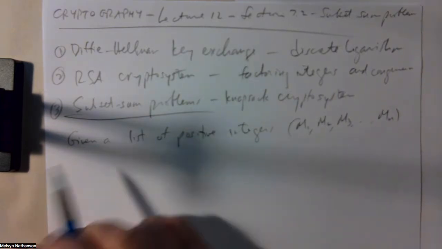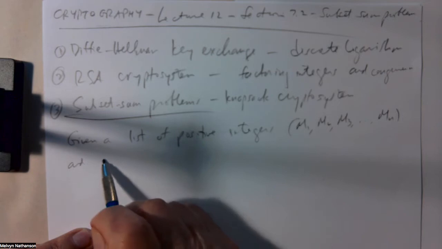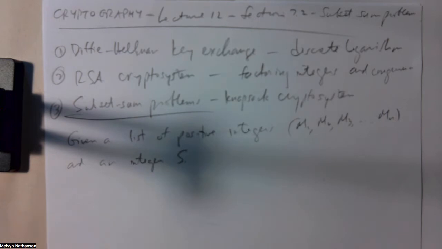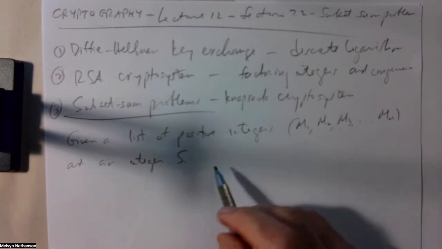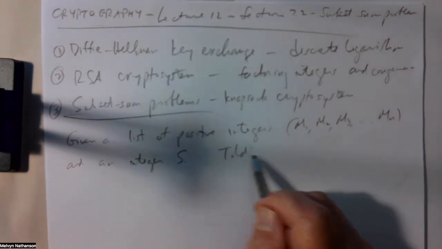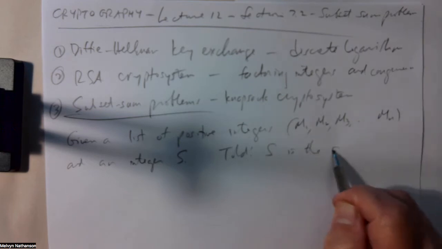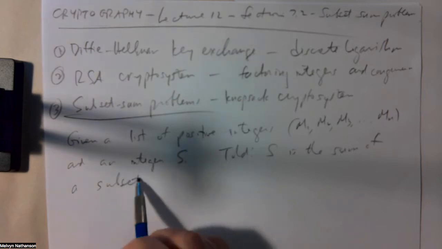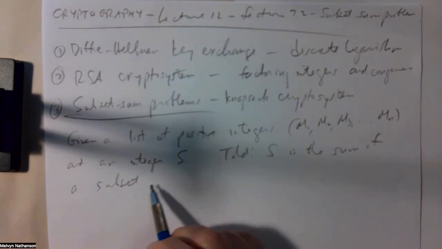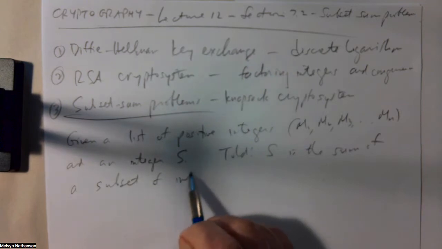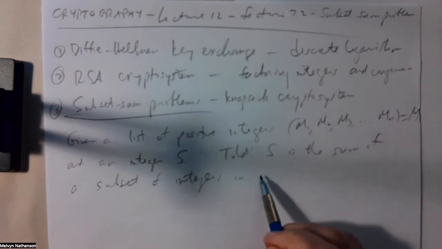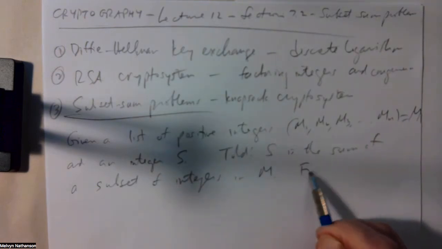You're given a list of positive integers, and you're given an integer S. And what you're told is that S is the sum of a subset of the integers, and I'll call this sequence capital M, in M. And you have to find them.